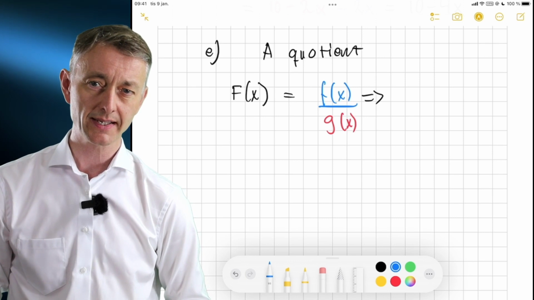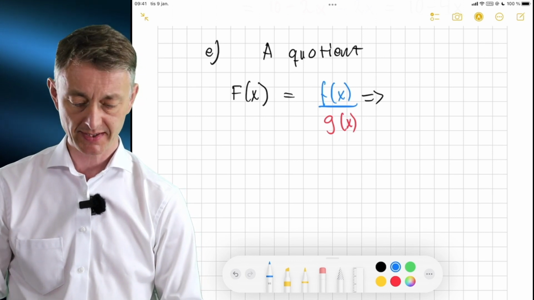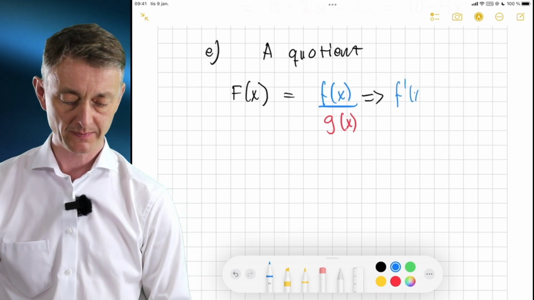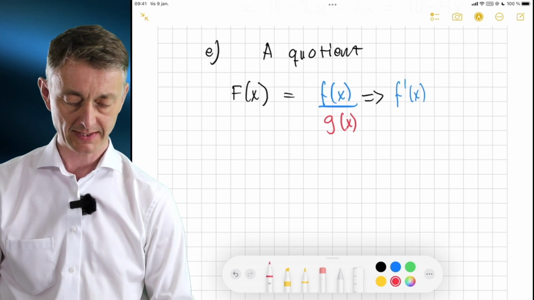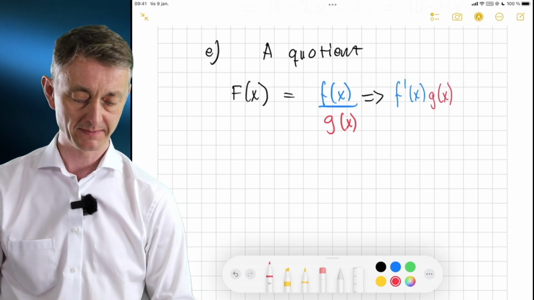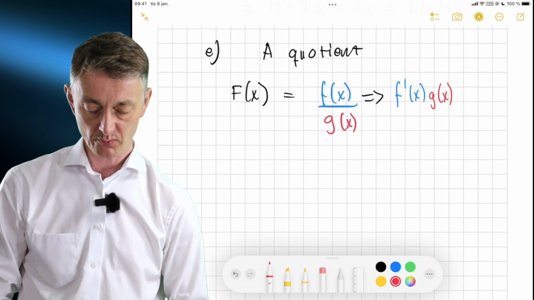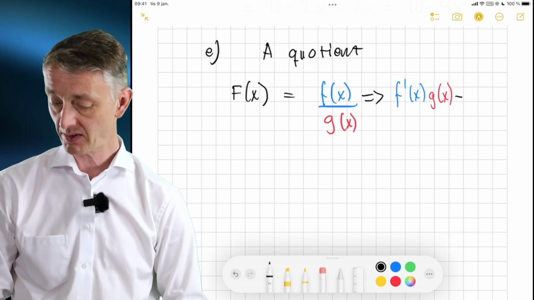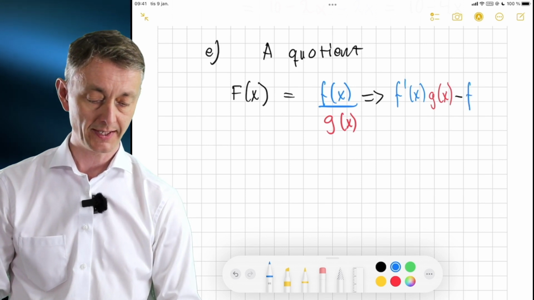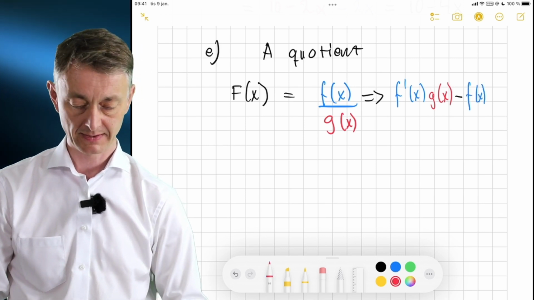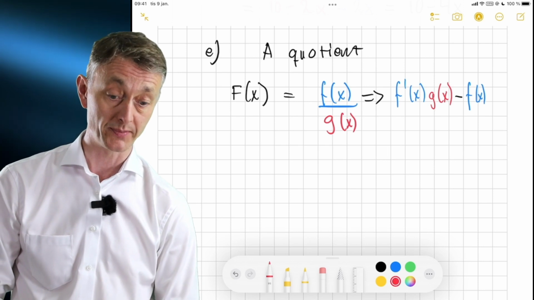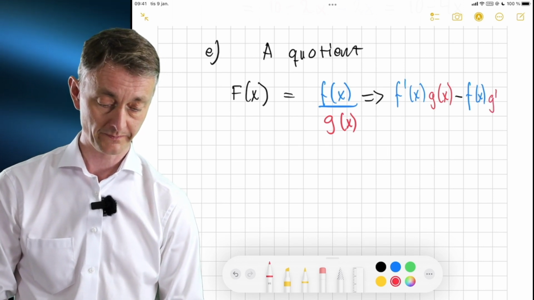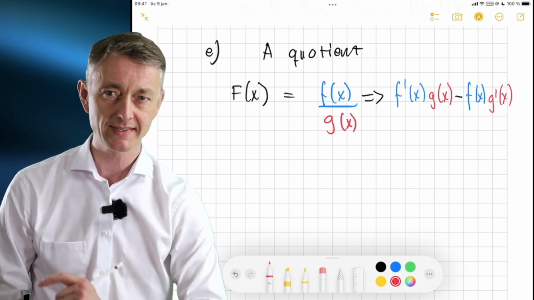It is just like as in the product rule, it is f prime of x times g of x, same start, right? Then we have minus, and then we have f of x times g prime of x. But no, it doesn't end there.